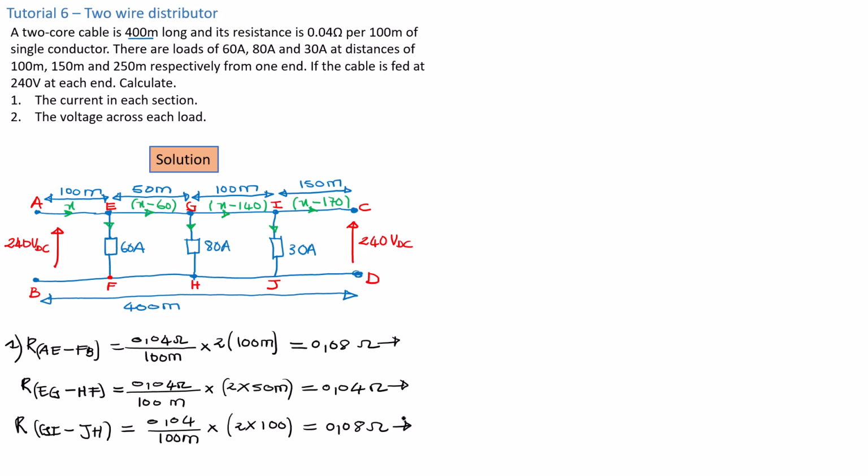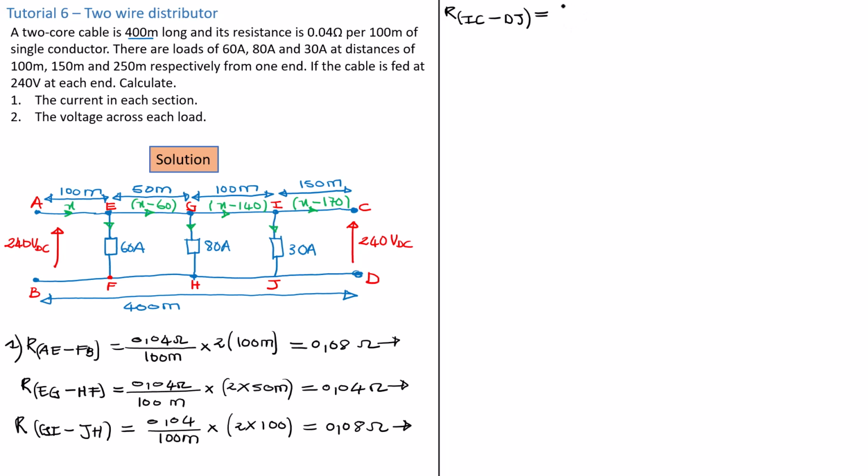Right, now one more resistance value here, and that is the resistance for this section here, and that is R IJ.